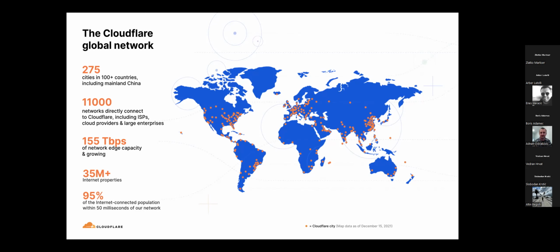What about our clients? Actually, to this day, more than 35 million web properties, like sites, websites, and IPs, are protected and accelerated by Cloudflare. This huge amount of traffic and information allows us to create real web patterns in real time with dynamic IP reputation and fingerprints, to detect all types of attacks and mitigate them in real time.